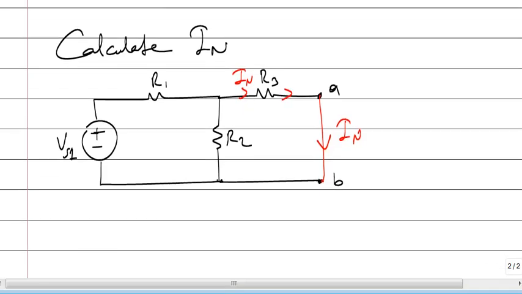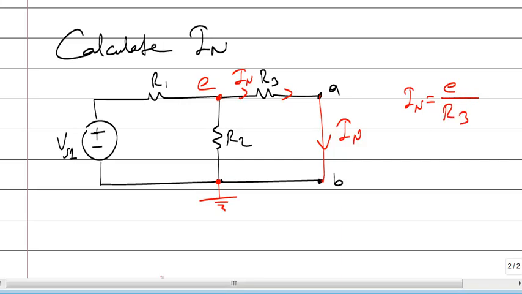For this purpose, I can calculate the voltage of this point. Okay, and then let me say this is 0, ground. If I calculate voltage E, I Norton will be E divided by R3.